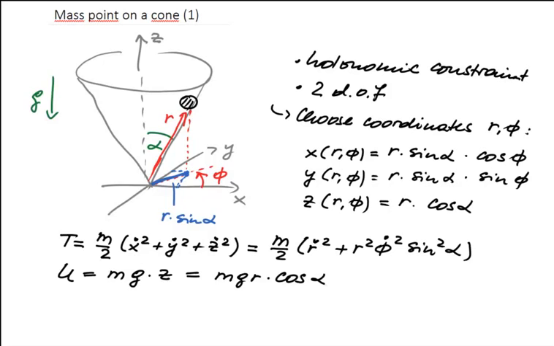Together, this gives us the Lagrange function, written as a function of r, r dot, and phi dot. And now look at the kinetic energy and the potential energy. Nowhere do you see phi. There's only phi dot. So the Lagrange function depends only on phi dot, but not on phi.